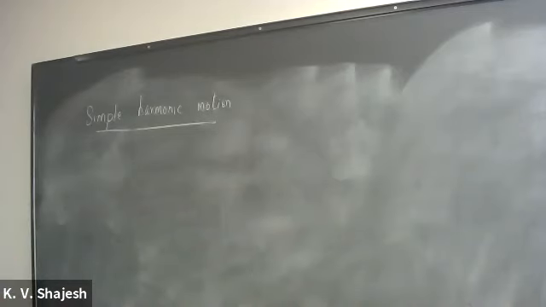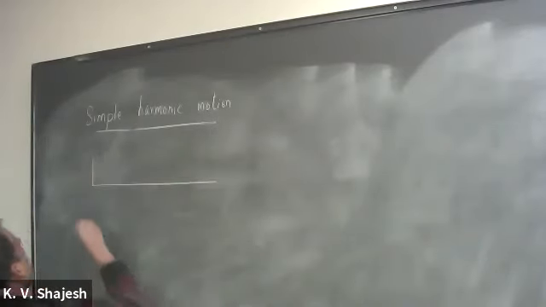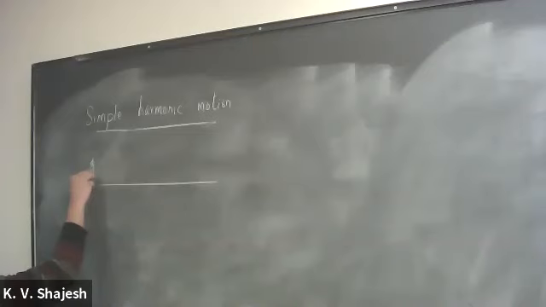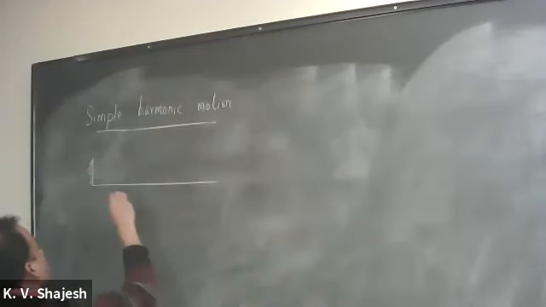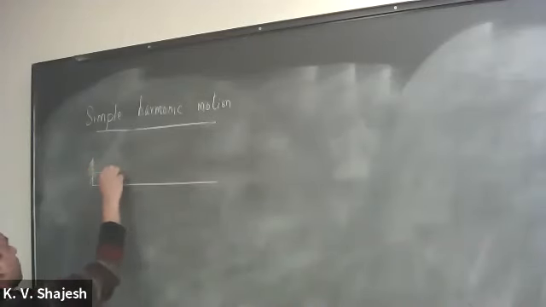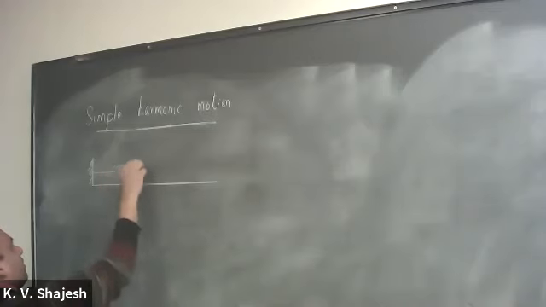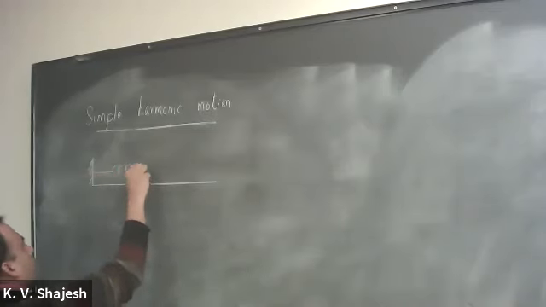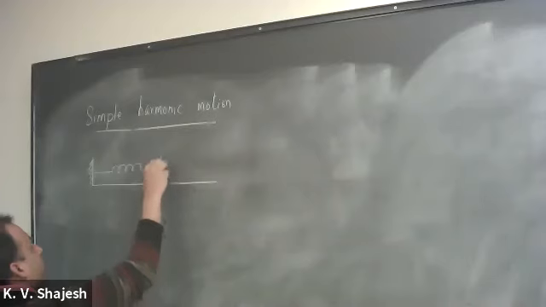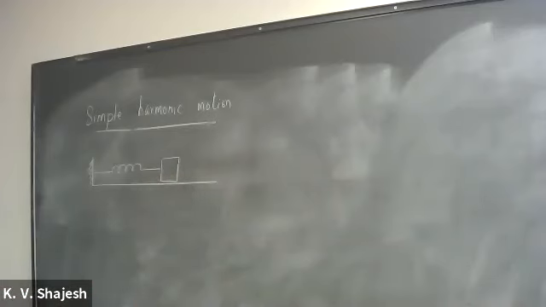So let's remind ourselves of a spring. This is a little bit of review. Let's say there is a horizontal floor, and you have a spring attached to one wall, and there is a mass sitting on the floor or on a table.